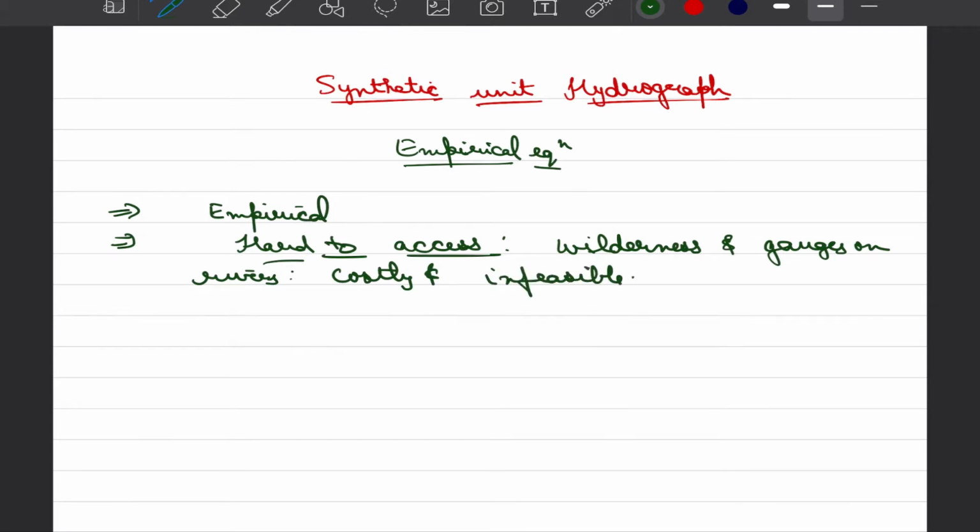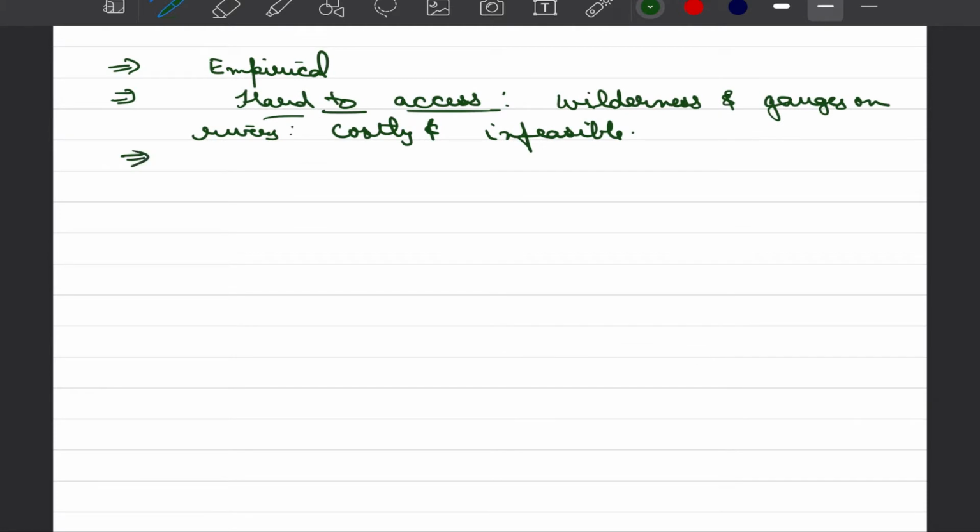But we still want to have a good grasp on the response of such watersheds to different kinds of storms, because even there we may have life, we may have biodiversity, and we want to understand that if precipitation happens, how that is going to propagate through the watershed.